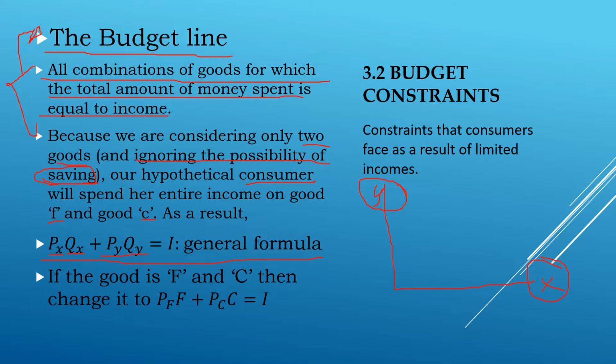Since we are going to use F and C to represent food and clothing, we change our formula to the price of food times the quantity of food, plus the price of clothing times the quantity of clothing.